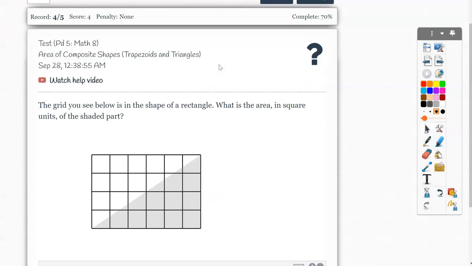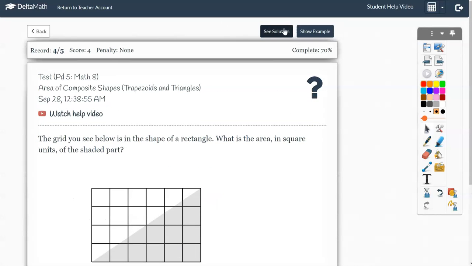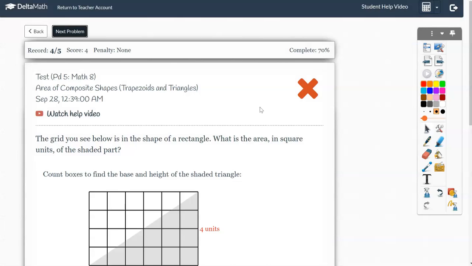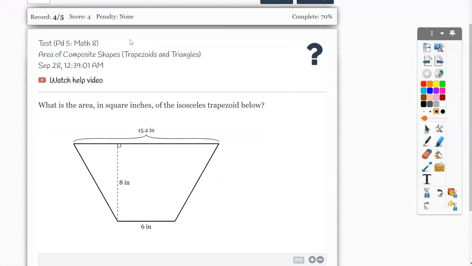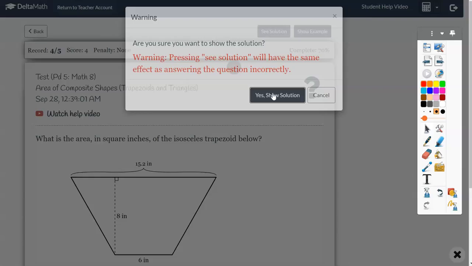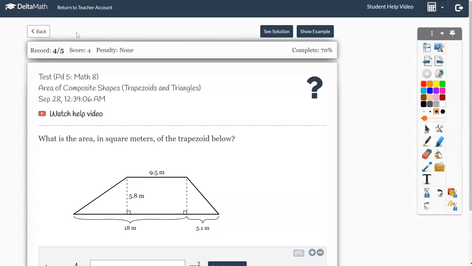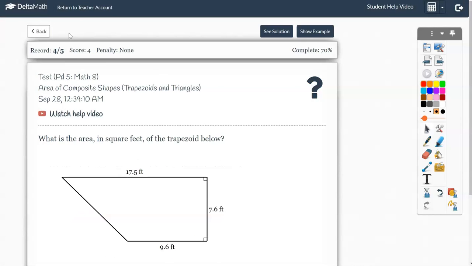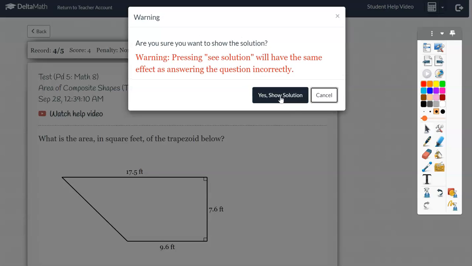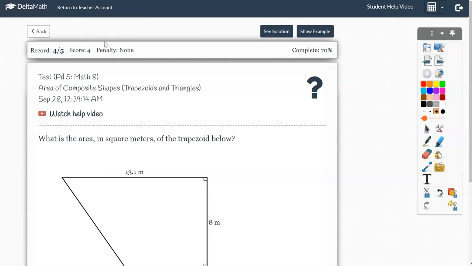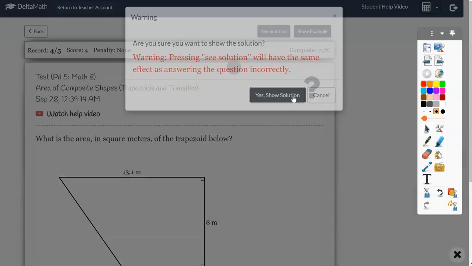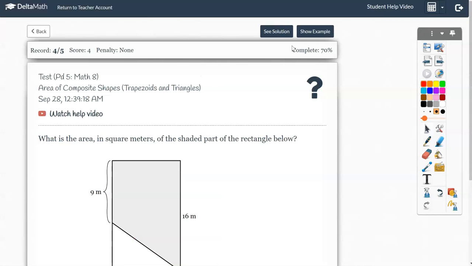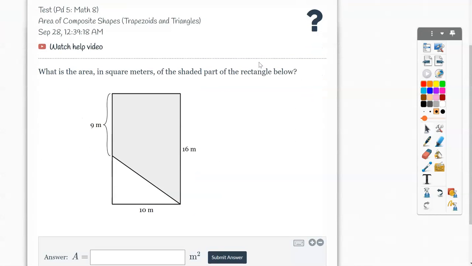All right, let's try one more. We saw something like this already, so I want to get to one that we haven't seen yet. These are all trapezoids with a basic formula of half the base 1 plus base 2. All right, here is another trapezoid.